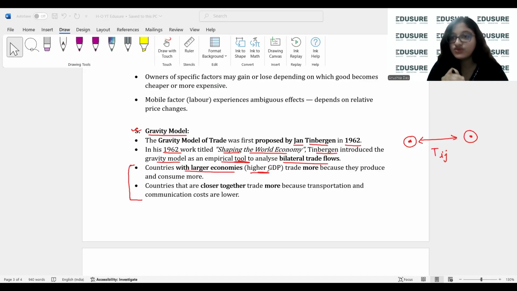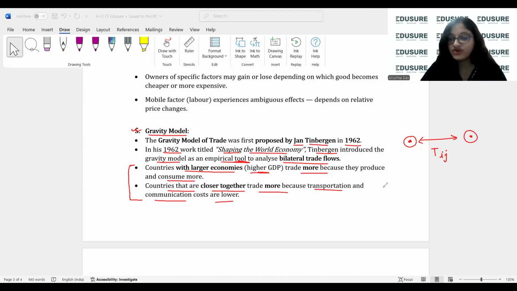Basically, it is inspired by Newton's law of gravitational force, where Newton said gravitational force will be more if the product of the masses is more and the distance is less. Absolutely the same concept here: countries with larger economies, meaning whose GDP is high, will trade more because they produce and consume more. And the countries that are closer together, if the distance between the countries is less, will trade more because transportation and communication costs are lower.